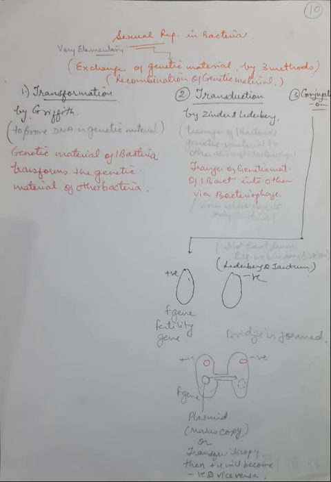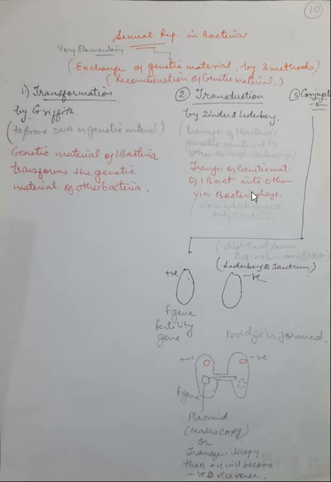The next method is transduction, given by Zinder and Lederberg. In this, there is a transfer of a bacterium's genetic material to another bacterium through a carrier called a bacteriophage. So it is the transfer of genetic material from one bacterium into another via bacteriophage.